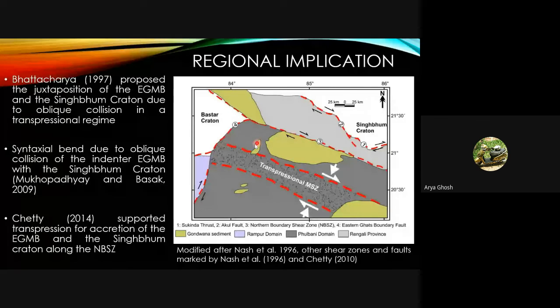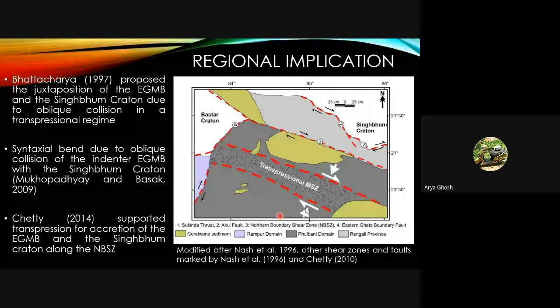When we have an oblique indentation, an oblique direction of stress, only then can we expect strike slip, and depending on the obliquity, we can also expect some pure shear. This is what has happened here.